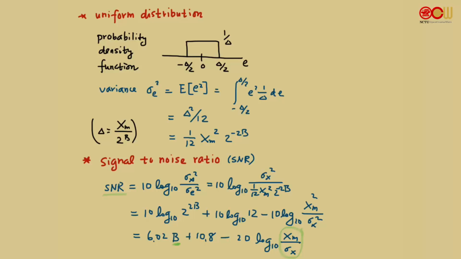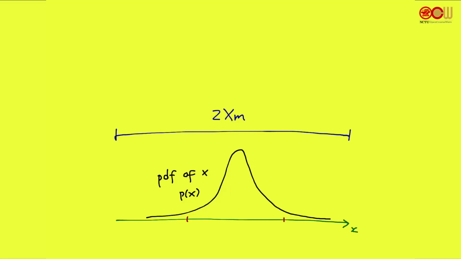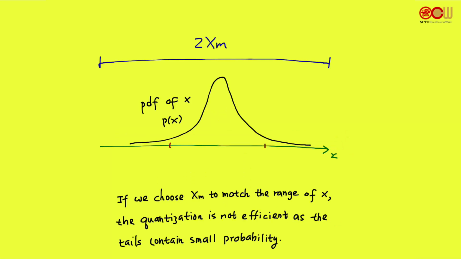So how to choose xm? In many applications, x is not uniformly distributed. The probability density function of x, PDF, spans a wide range. If we choose 2xm to match all the possible values of x, it would not be efficient quantization because the tails on two sides usually have a very small probability.